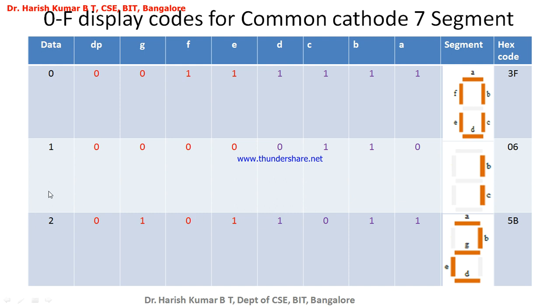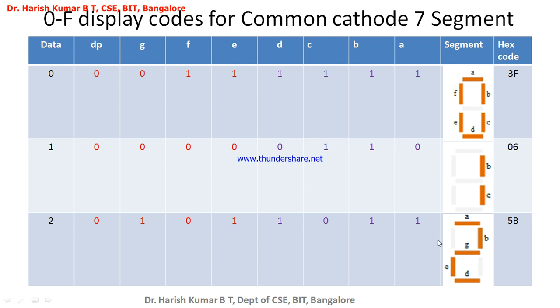And similarly to get 2, I want A to be glowing, B to be glowing, G, E and D to be glowing, and the rest all should be off. So A should be on, 1, and B should be on, and C is not glowing, it is 0, and D should be glowing 1, E should be glowing 1, and we don't want F to be glowing, it is made 0, and we want G to be glowing, G is made 1.